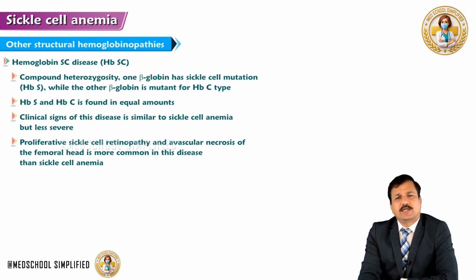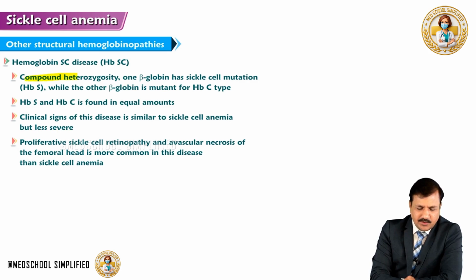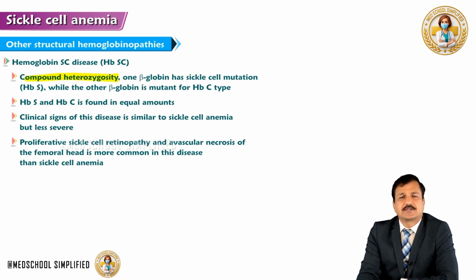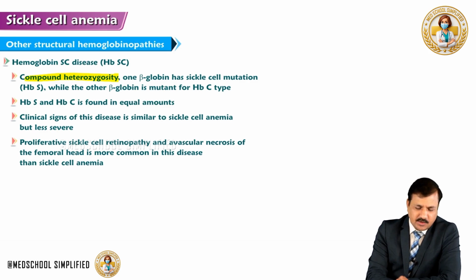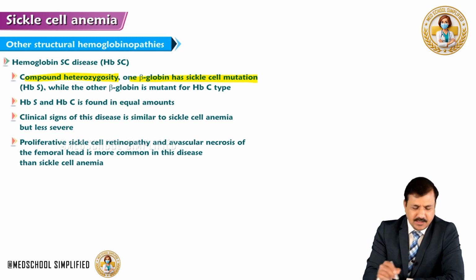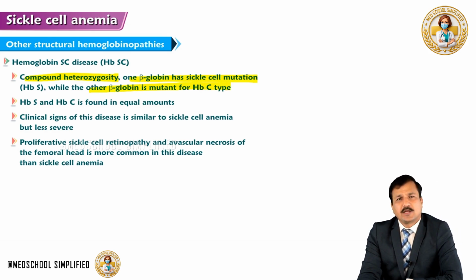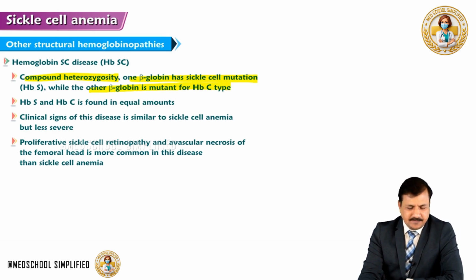Coming to hemoglobin SC disease. Hemoglobin SC disease is a compound heterozygosity condition where one of the beta globins has a sickle cell mutation, where 6th position glutamate is replaced by valine. The other beta globin is of HbC type, where glutamate is replaced by lysine.